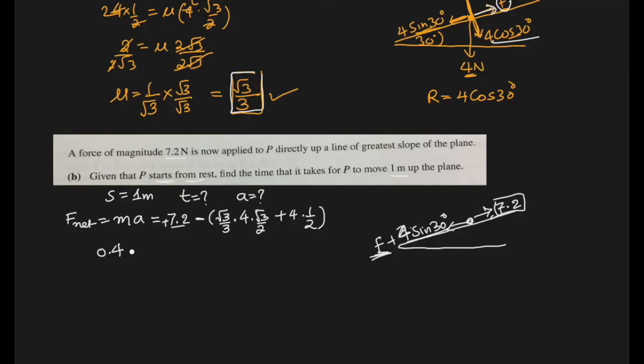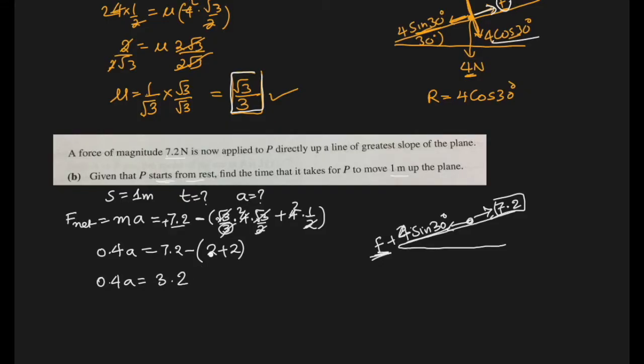0.4 times A is equal to 7.2 minus this complete 3 will cancel with these square root 3's because they are also complete 3 together, right? So I can cancel this. This 2 cancels with 4. So 2 plus, they are also cancelling, 2 plus 2. So 0.4 A is equal to 3.2.